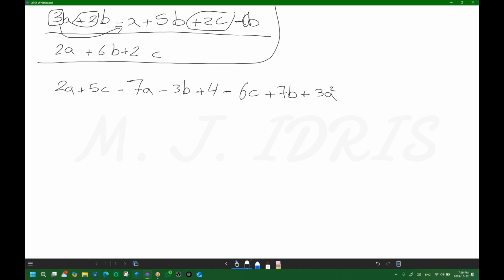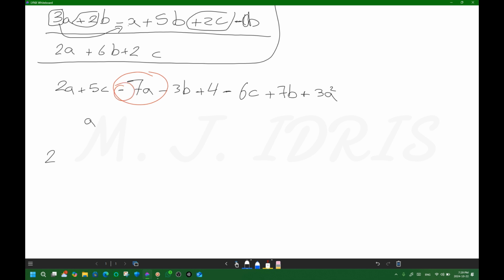As for this one, again, my rule is I can only add or subtract the terms with the same letters and powers. So let's say I decided to start solving A first. As for A, I have 2 here, and I have negative 7.